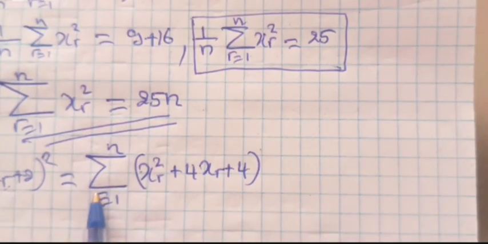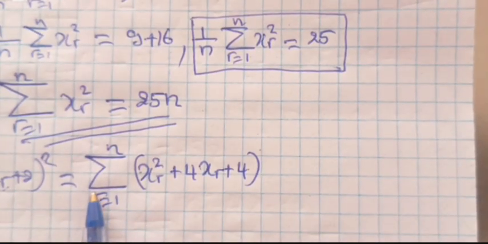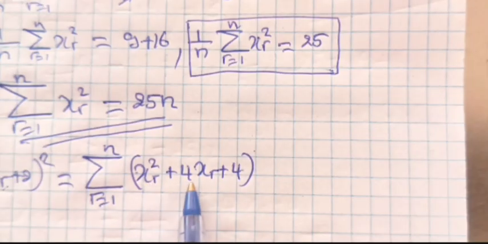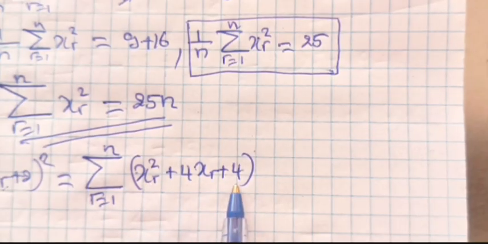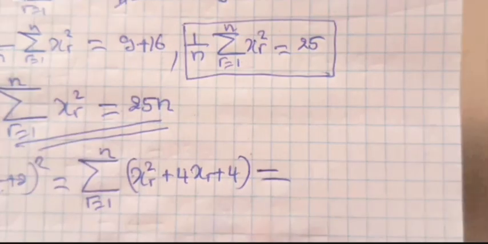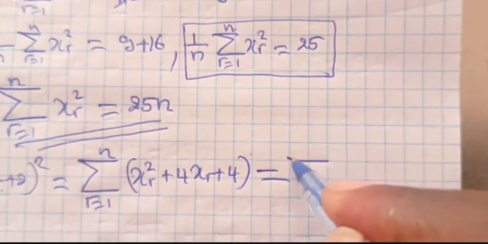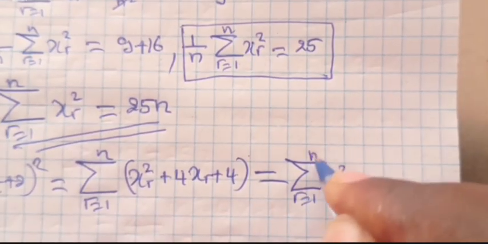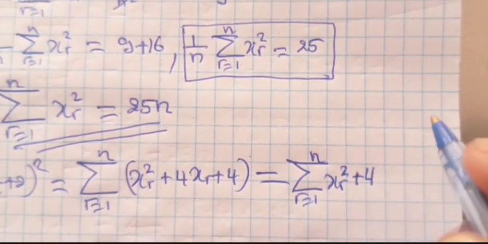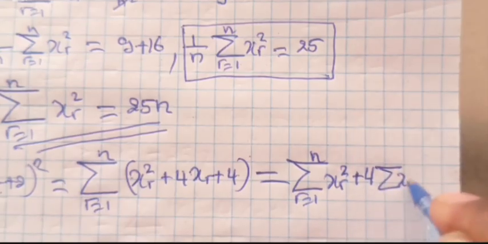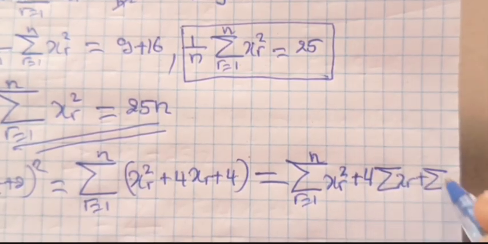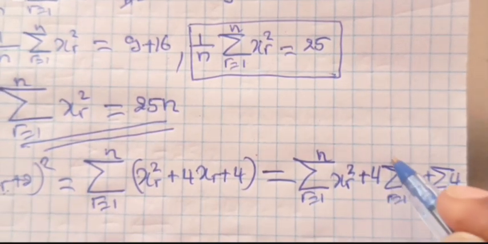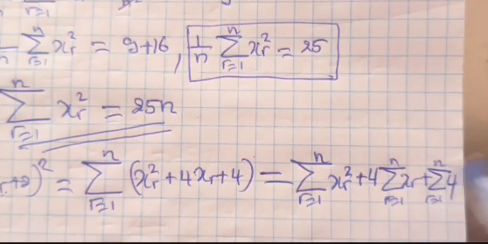This sum is going to be applied on each of these, either xr squared, 4xr, or 4. This is also equal to the sum of xr squared, r from 1 to n, plus 4 times the sum of xr, plus the sum of 4. We add the sum of 4 here. Remember, r varies from 1 to n.